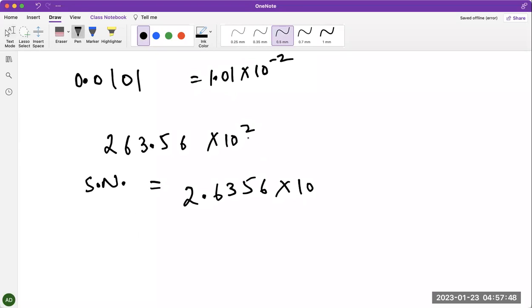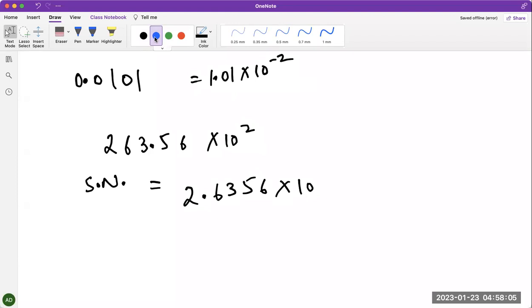Now we need to decide what to do with that 10 to the power 2. Guys, this is actually very simple. If you have been confused with moving the decimal to the right or to the left, and then what happens to the power, don't worry about that.